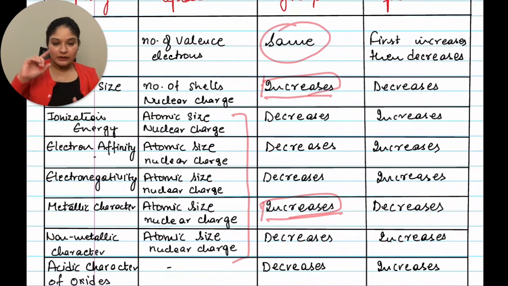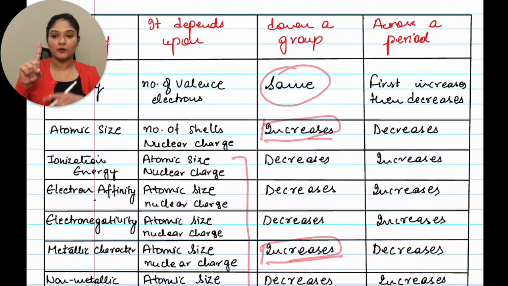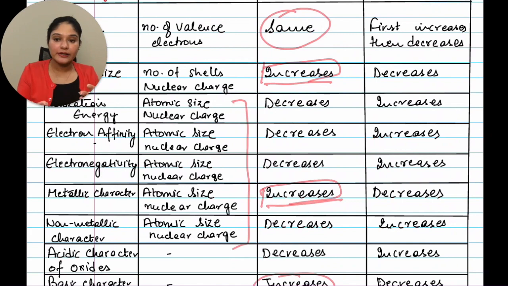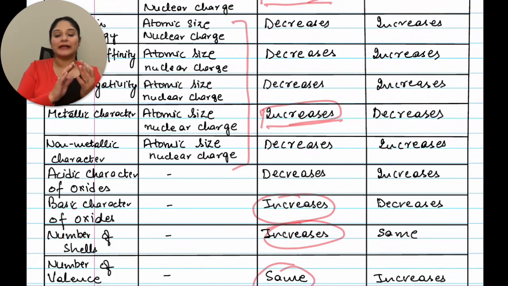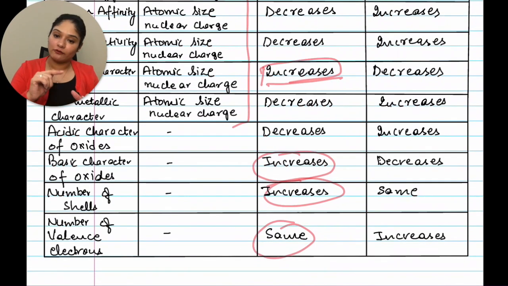That means, starting from the first thing, atomic size increases, therefore metallic character increases because my atom will be easily able to donate. Now since it is easily able to donate, its oxides are also basic in nature, because metals form oxides which are basic in nature. So that will also increase.